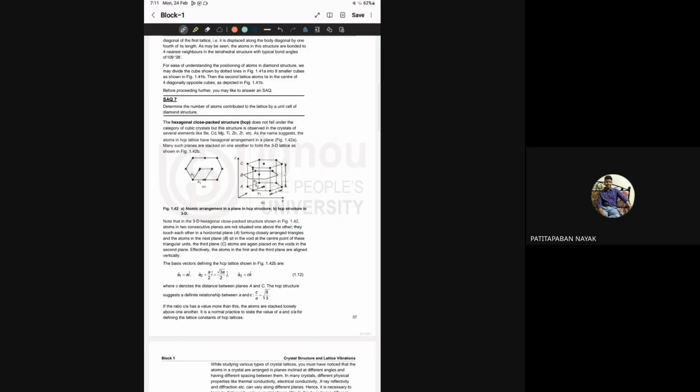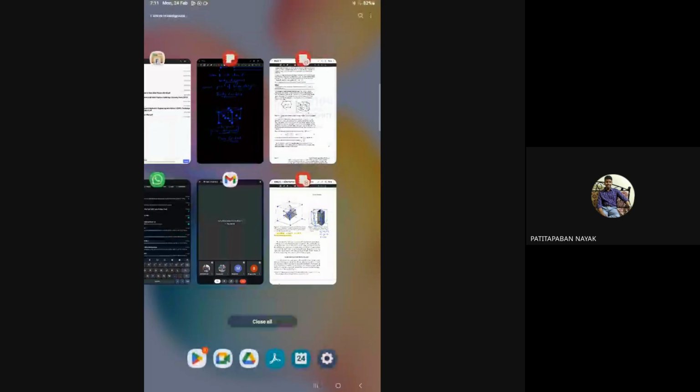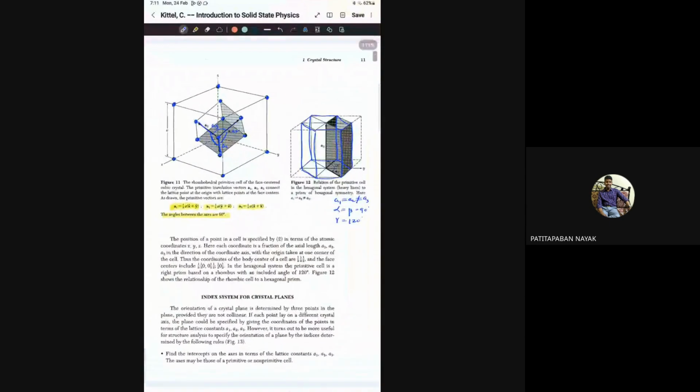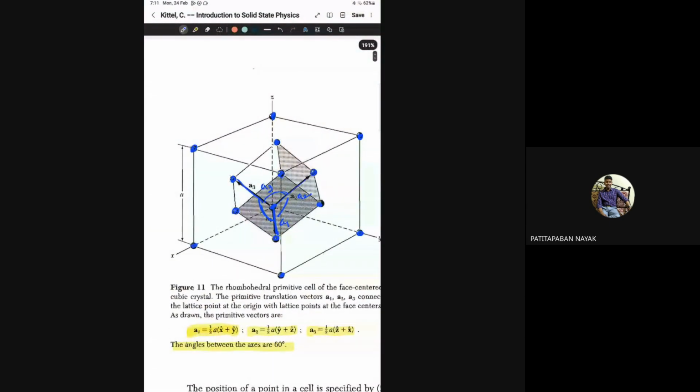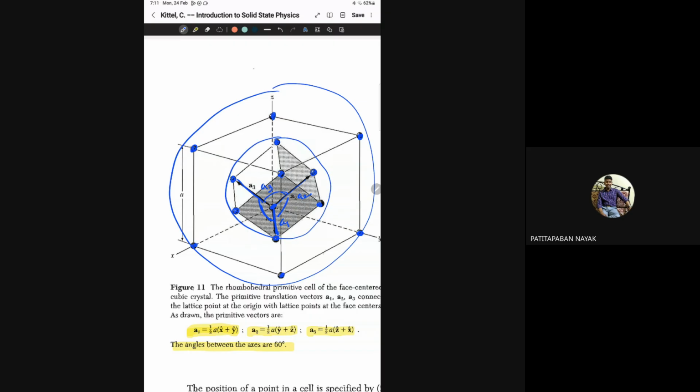As I showed you here, if you look at this diagram, the larger one is the unit cell, whereas the smaller one inside it is the primitive cell. If we repeat this unit cell, then also we'll get the crystal.